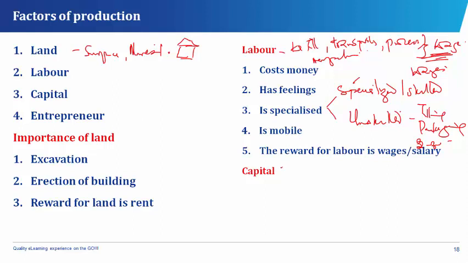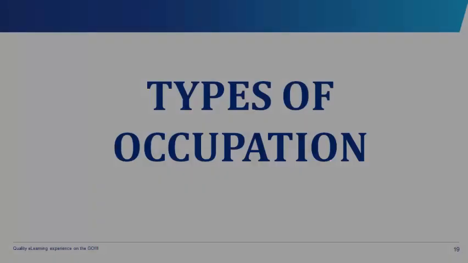I have money, I don't have a photocopier, so money will form part of my capital. I have a generator, so the generator forms part of my capital. Let's say I have my house, and I want to use my parlor for the business. My house also forms part of the capital. So it doesn't just include money. Capital is man-made, as you already know, and the reward is interest. Once you invest the capital, what you expect from it is interest.